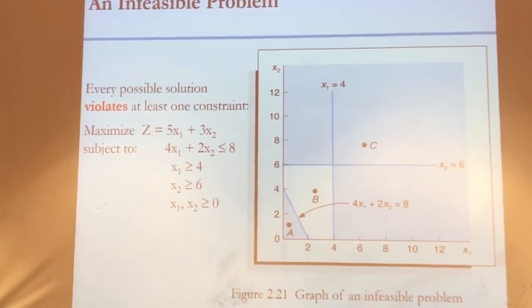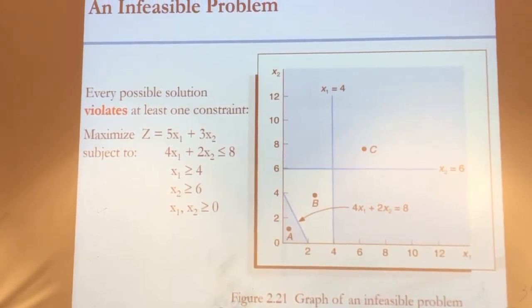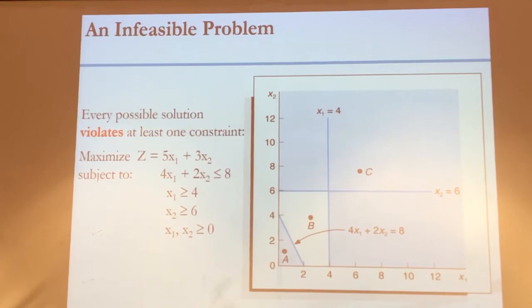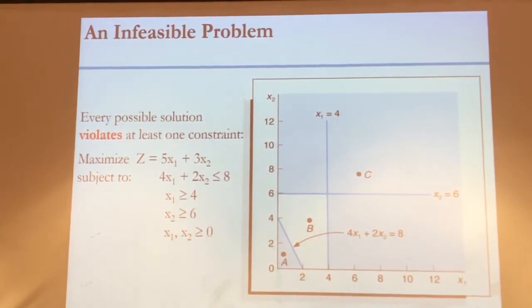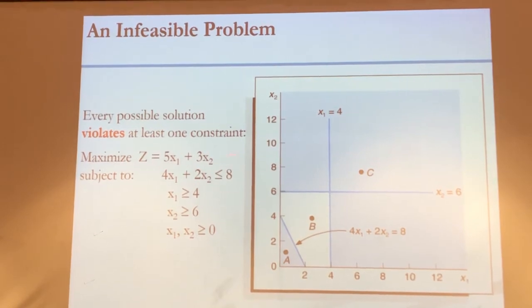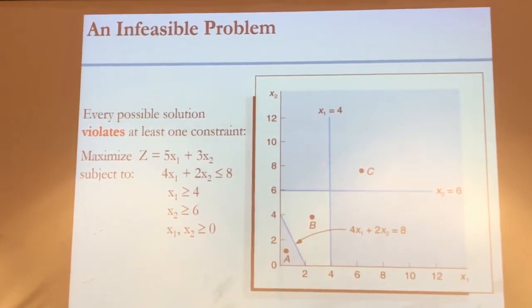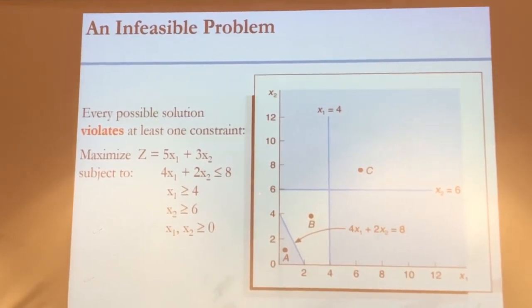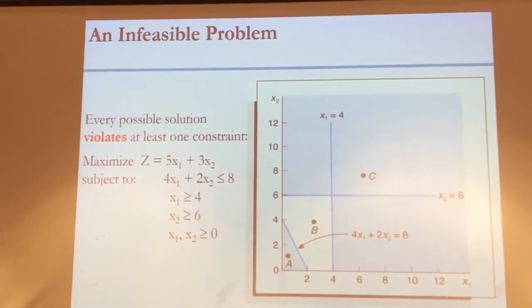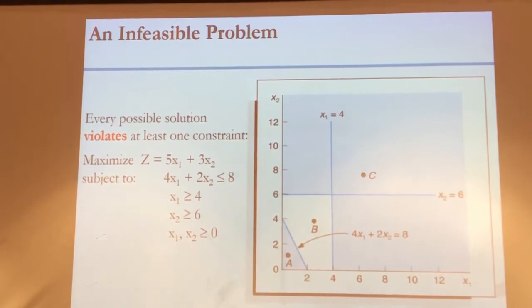Now let's look at another irregular case in which we have an infeasible solution. You see over here, if we draw these constraints, we have no unique feasible region.